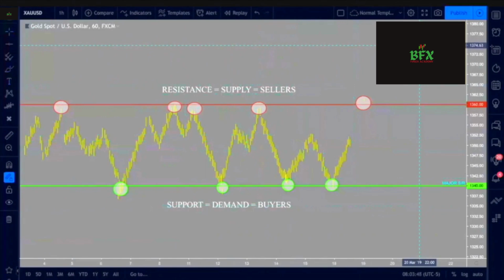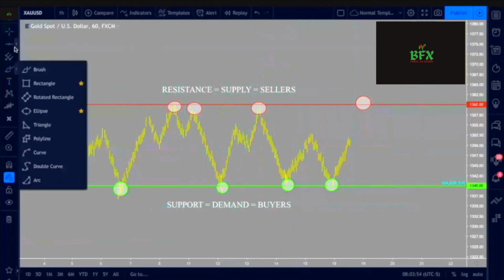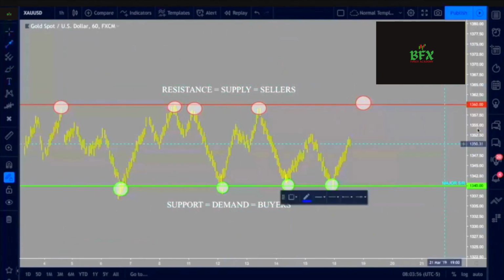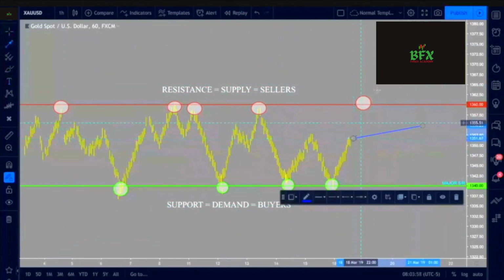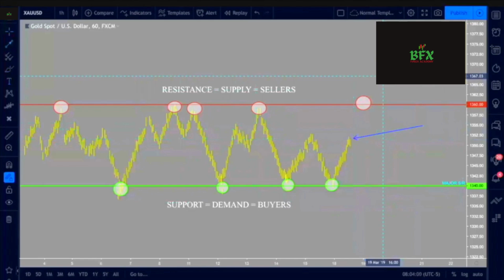All right, so I've cleared off the screen a little bit, and I want to ask you a conceptual question here. Let's say that you open up the chart and you are right here. So price is right here in the middle between your support and resistance, between your supply and demand, and price is approaching this supply zone. Now here's the question.